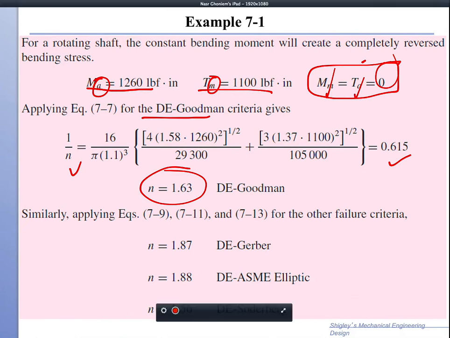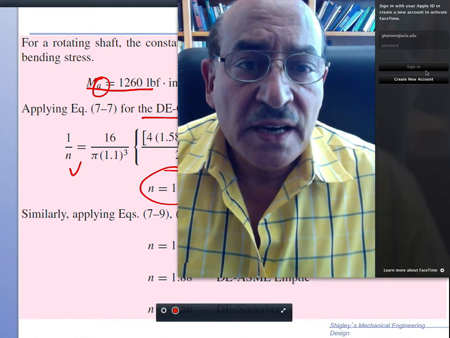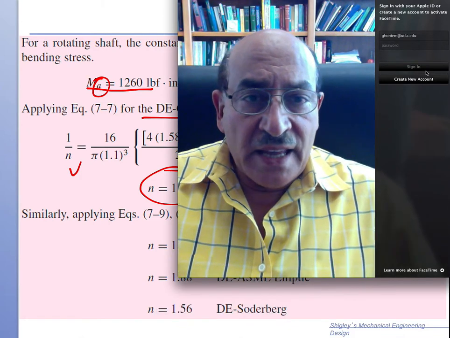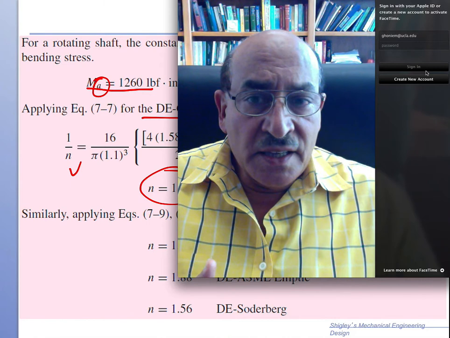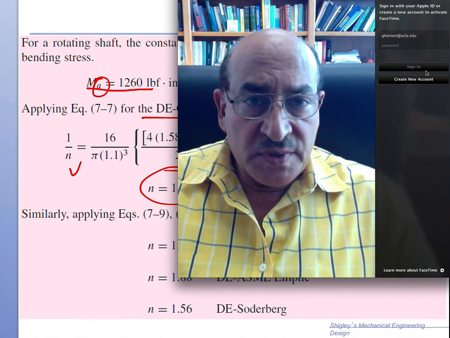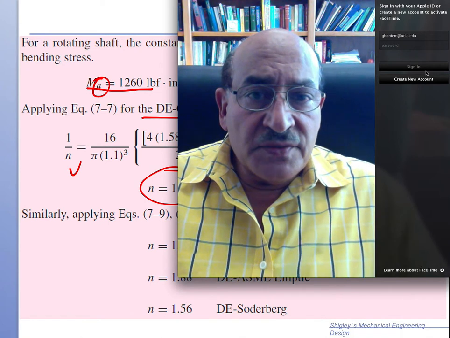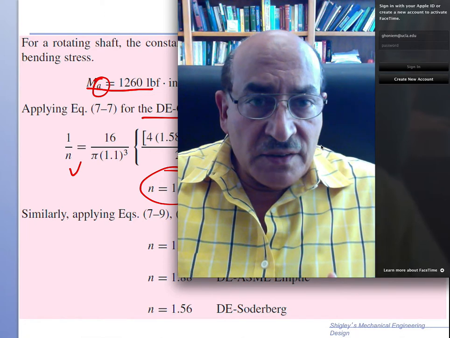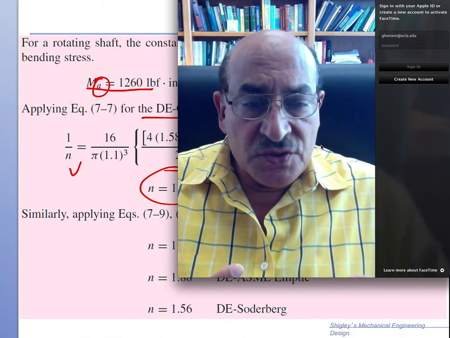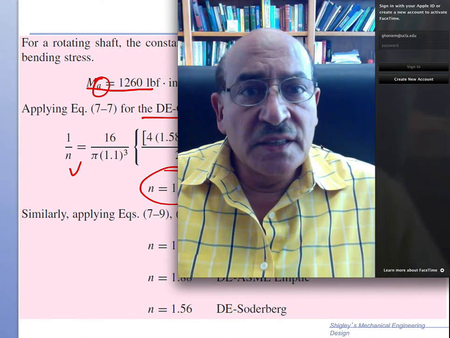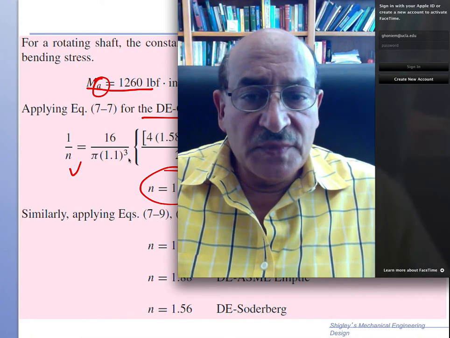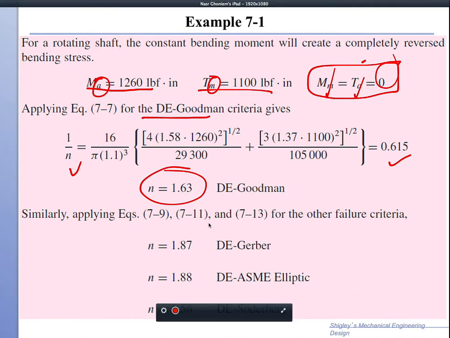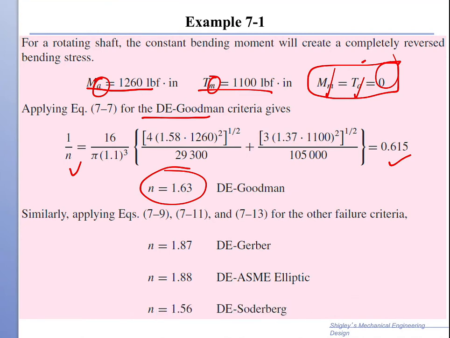As you can see, if I have a simple MATLAB program, or if I'm using my calculator, I'm able to program these previous equations and find the fatigue factor of safety, considering the variety of options that we have: Soderberg, the ASME, and the Gerber, in addition to the modified Goodman. I have a variety of safety factors, and the safest approach for fatigue design would be the ASME elliptic, for example, in here.